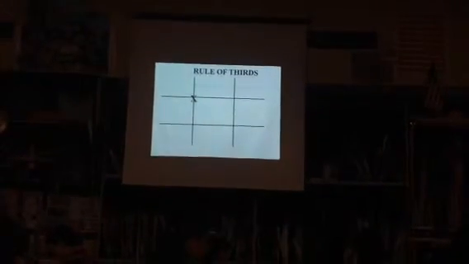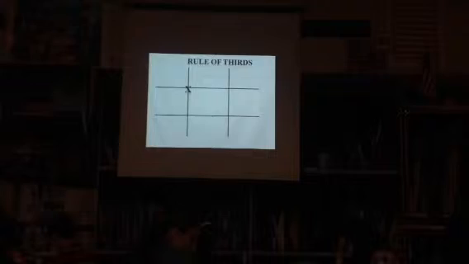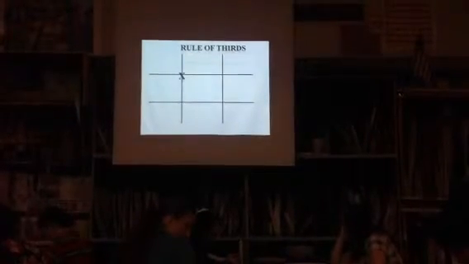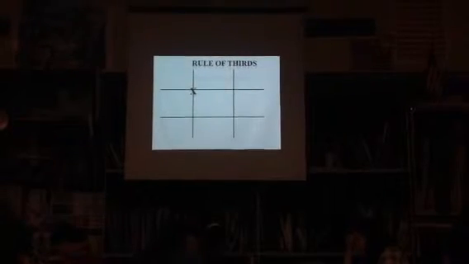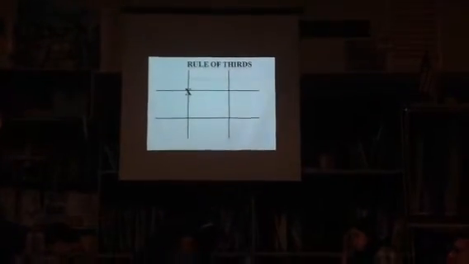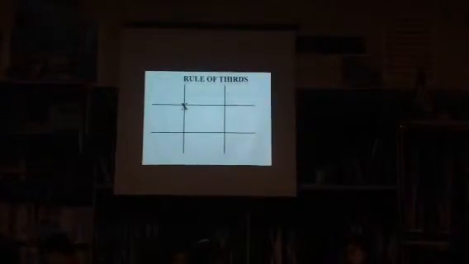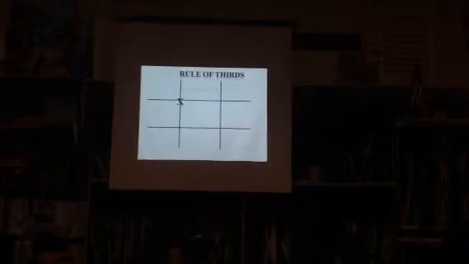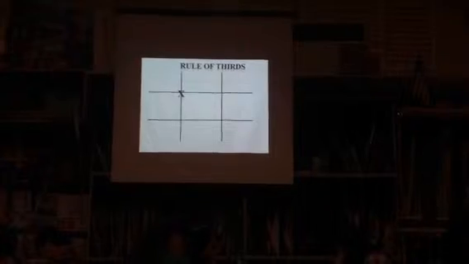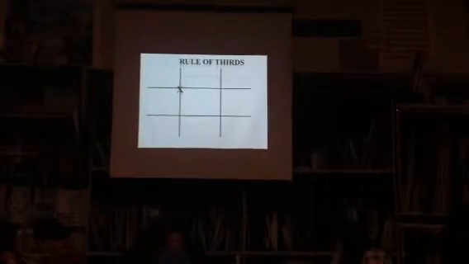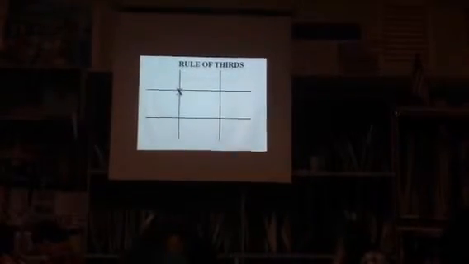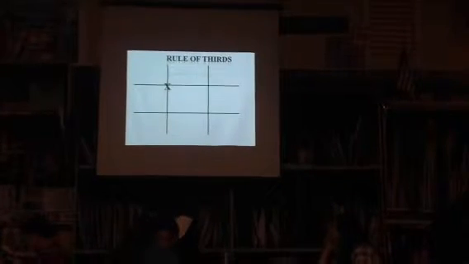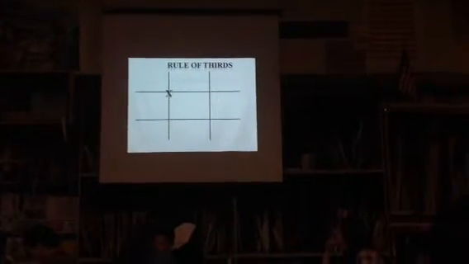Another thing they do all the time, and some of you guys might know this, the rule of thirds. Has anyone heard of the rule of thirds? If you have photography or if you've had drawing, this happens again all the time in movies and your TV shows. They take the focal point, maybe it's the person's face or maybe it's the dagger that the bad guy's going after. They put it off center and they use what's called the rule of thirds.